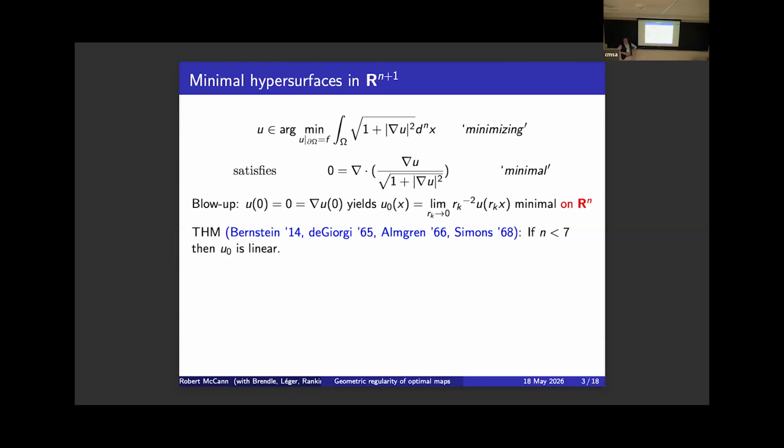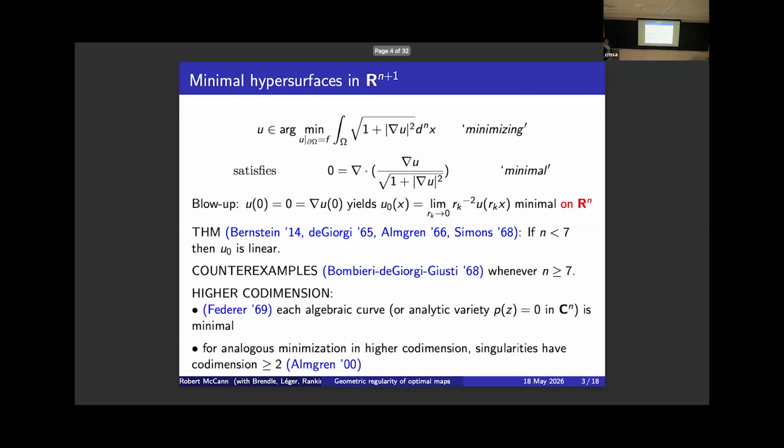In fewer than 7 dimensions, global solutions to this equation on all of R^n were classified first in 2 dimensions by Bernstein more than 100 years ago, then in 3 dimensions by De Giorgi, a little before I was born, and by Almgren, and in higher dimensions by Almgren and Simons. But remarkably, also in 1968, which was a very good year, Bombieri, De Giorgi, and Giusti showed that in higher dimensions there are counterexamples, which are based on the Simons cone.